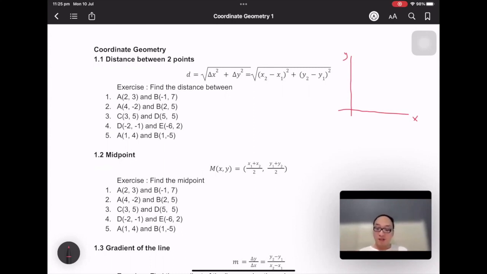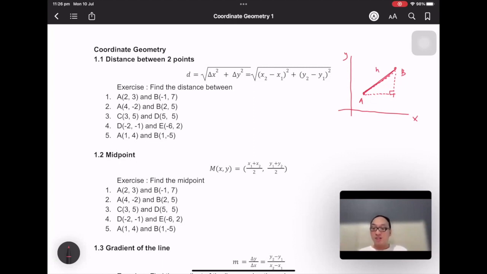If we have two coordinates, coordinates A and B, and we want to find the distance between the two points, we can do so by first constructing a right angle triangle, so we can find the length of AB as the hypotenuse of the triangle.